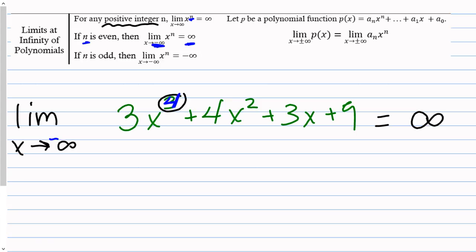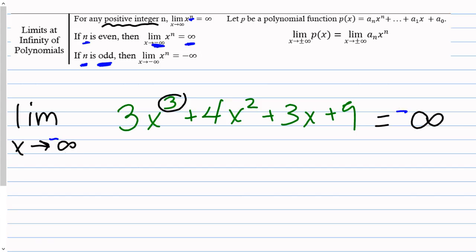It's an even number, so my answer is still positive infinity. But let's undo that change to a 4. If n were odd, such as it was when I started this, my exponent was 3, and I'm approaching negative infinity, then my answer is actually going to be negative infinity.